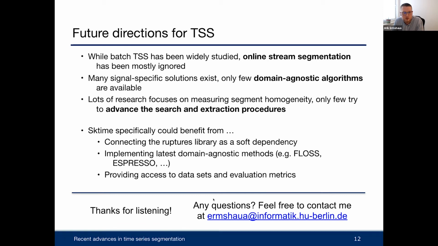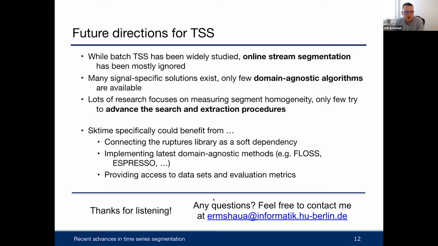But I think it would also be very interesting to look at online stream segmentation, especially as most of the interesting large sensor data is actually recorded somewhere in real time on the device. And in some domains, it would greatly benefit them to get an early segmentation or an in-time segmentation, where the system actually tells you that some kind of change happened in the system.